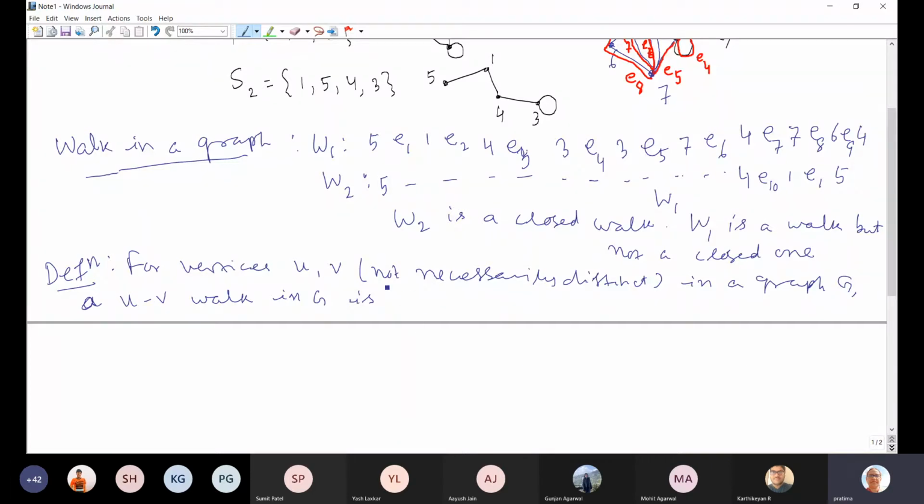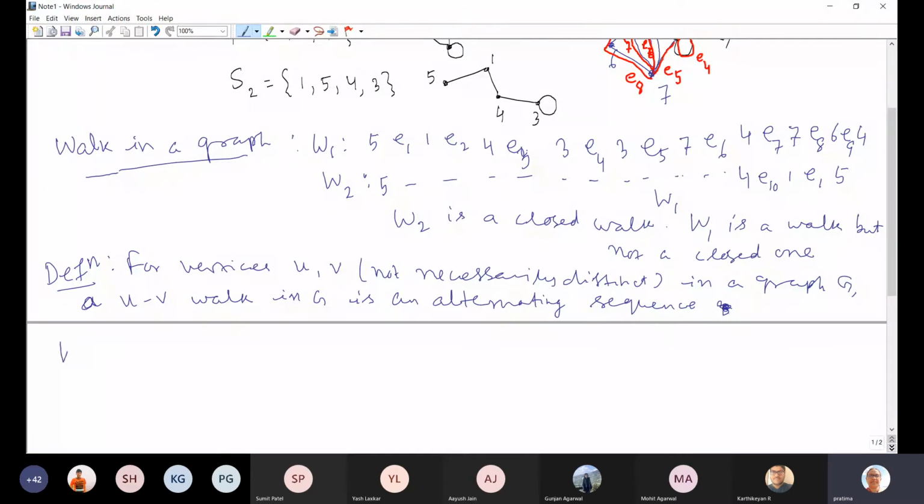Let me give a notation for an alternating sequence.